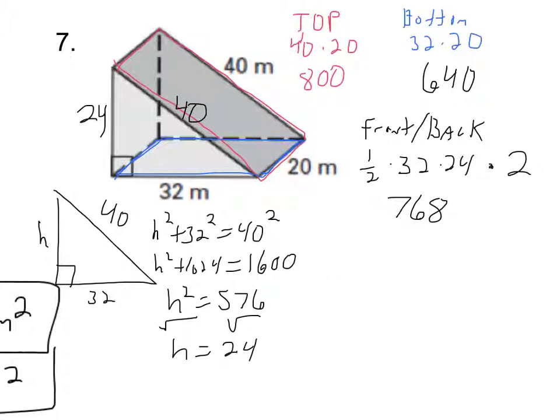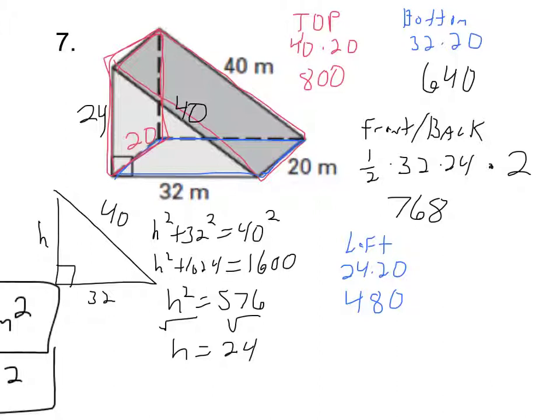And so there's one more, and that is this left face. You can see it's 24 tall, and it's 20 deep. We know that because this is 20 deep, so this is 20. So it's just a rectangle, 24 by 20. So I'm calling that the left side. 24 times 20, and that is 480.